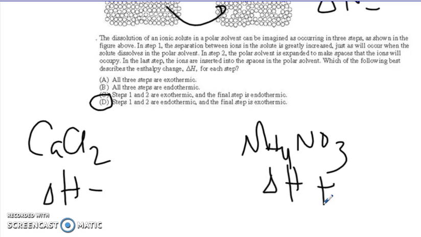Why was this overall positive? Because the snapping together of the attraction was not enough to overcome the endothermic process of breaking everything apart. So that's why this was overall endothermic, but this was overall exothermic, because that last step, number 3 in the case of this problem, was not enough to overcome the endothermic process.